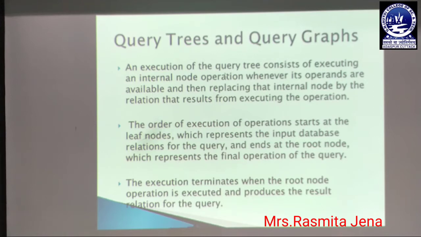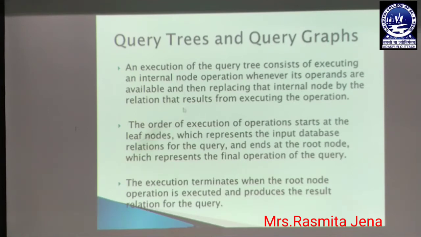An execution of a query tree consists of executing internal node operations whenever its operands are available, and then replacing that internal node by the relation that results from executing the operation. The order of execution of operations starts at the leaf nodes, which represent the input database relations for the query, and ends at the root node, which represents the final operation of the query.